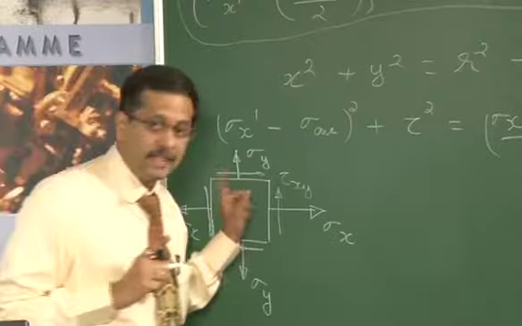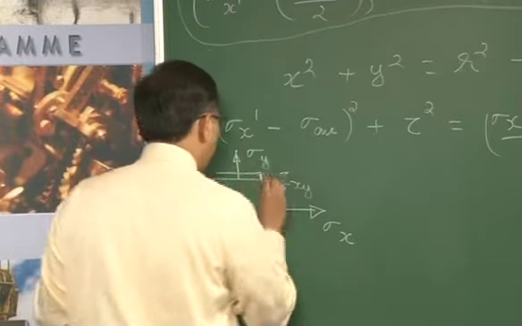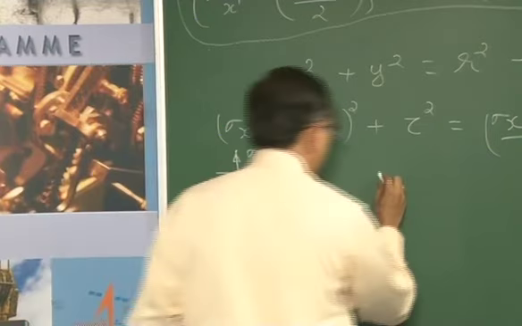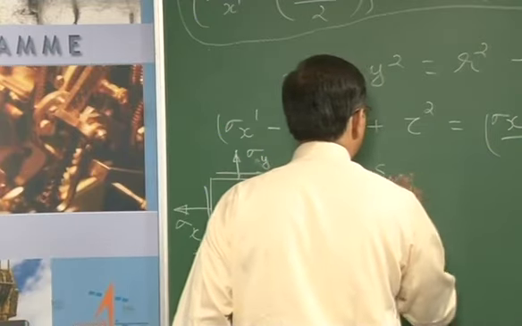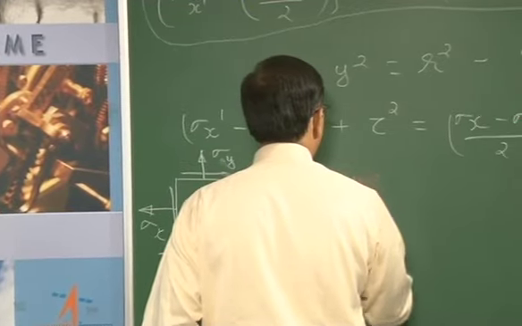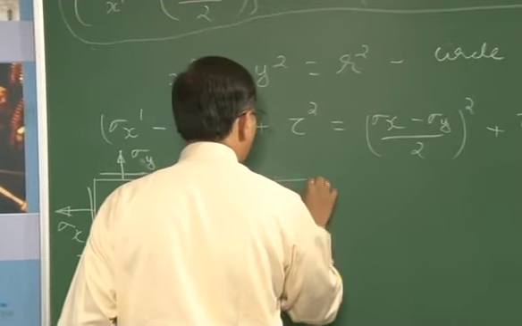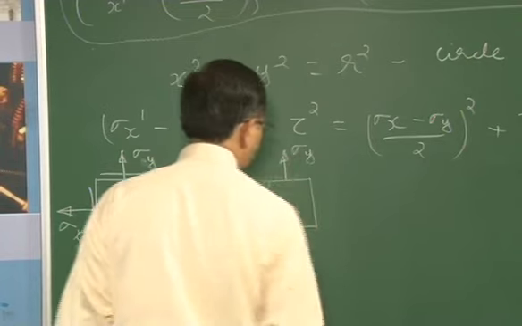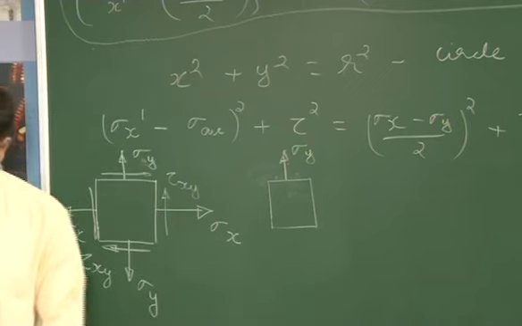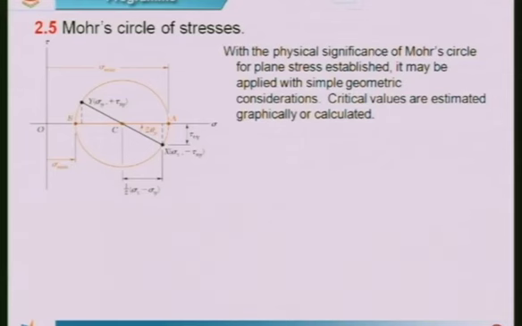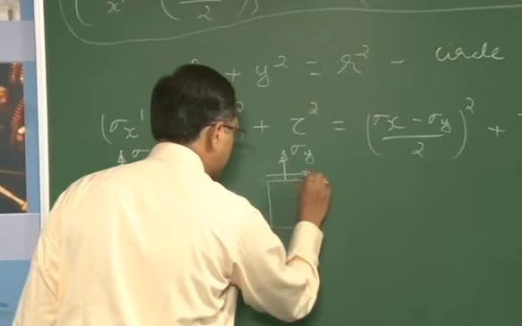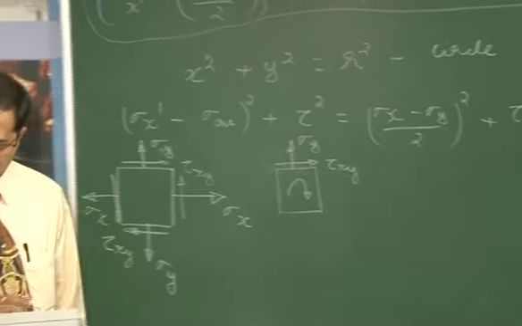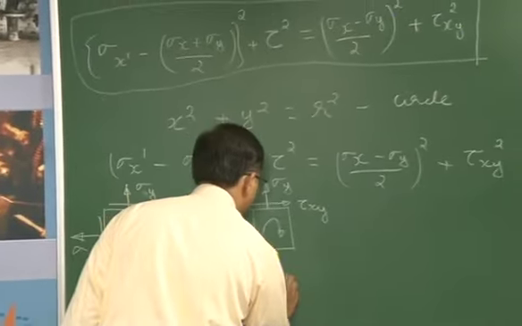Now coming to shearing stress, very important, the sign convention for shearing stress. So this is how we are going to take the sign convention for shearing stress. If the shear stress tau xy is going to rotate the body in the clockwise direction, we consider this to be positive.